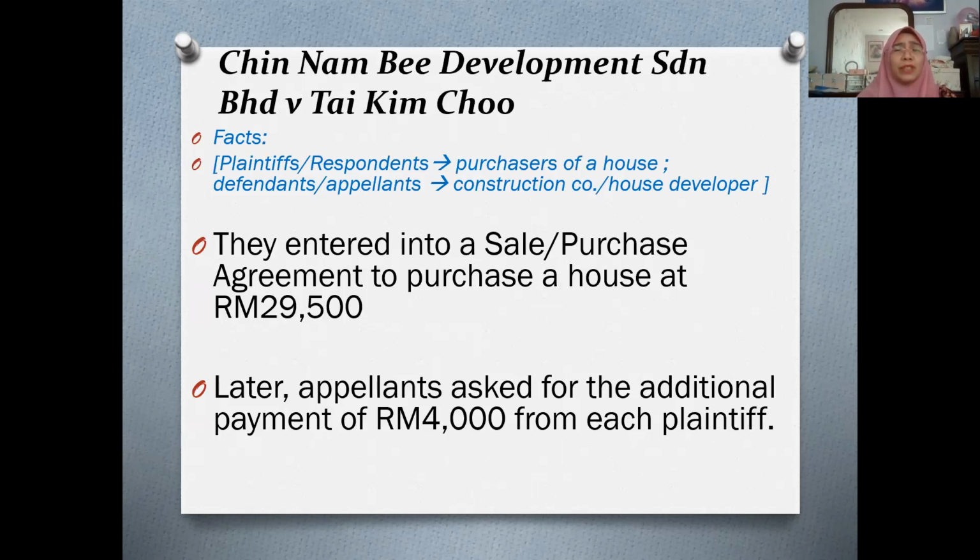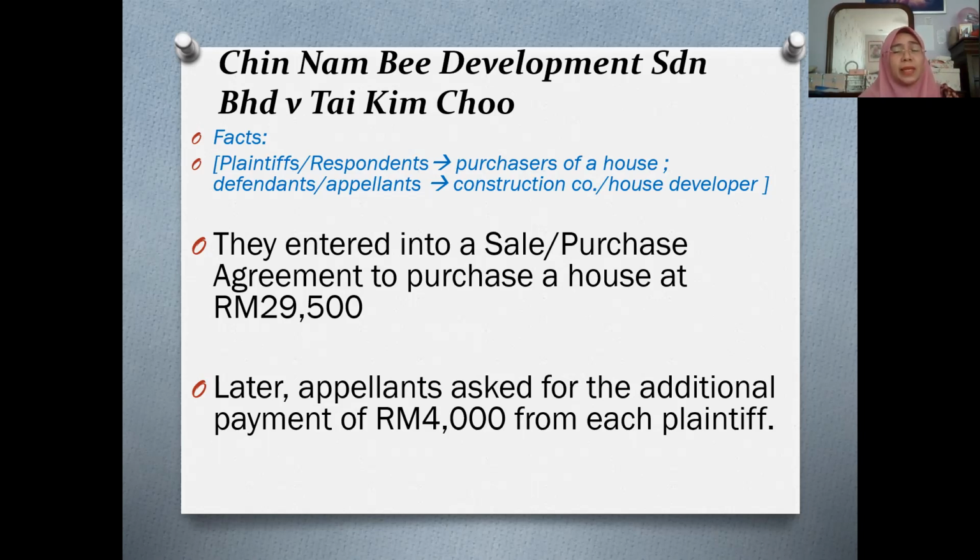Let's have a look at the case of Chin Nambi. What happened? The case went on appeal later. The plaintiffs and respondents were a number of purchasers of a house, and the defendants or appellants were a construction company, which was the house developer. So the contract involved here is sale and purchase.